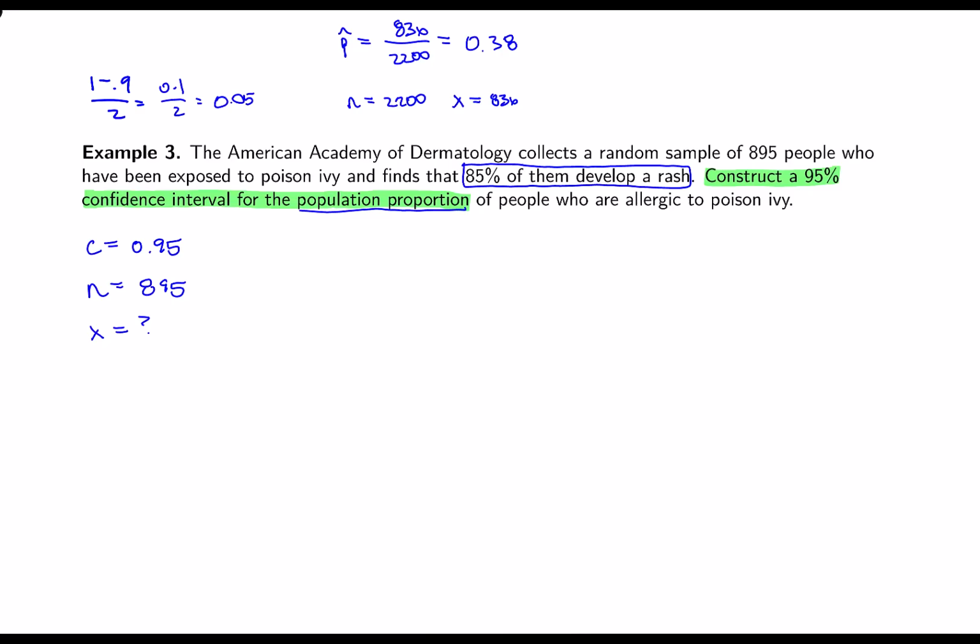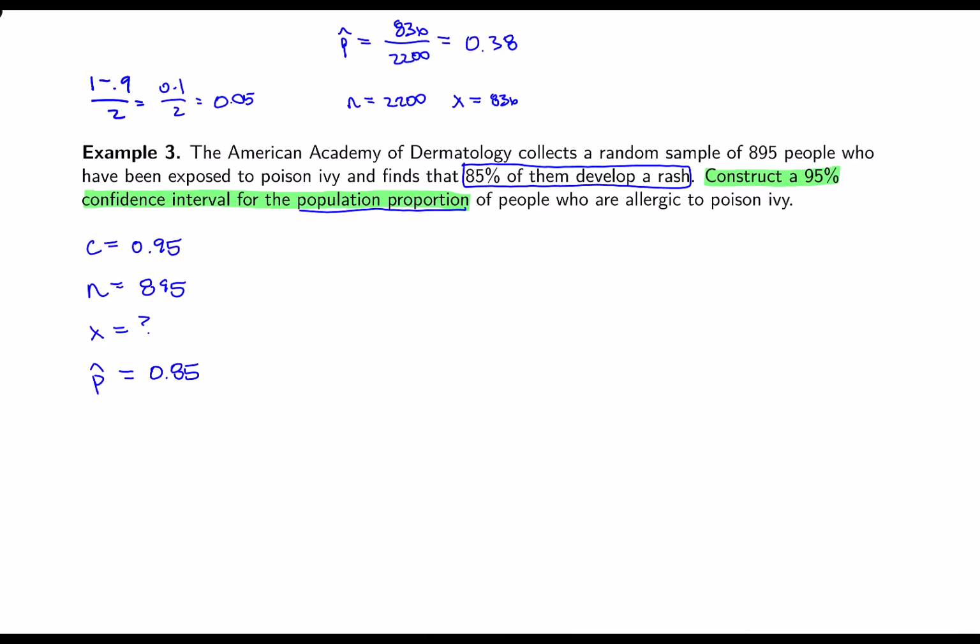But 85% developing a rash, that's saying that p hat is actually 0.85. So 85% of the 895, it's actually already computed p hat for us. In the previous example, we had to calculate p hat ourselves. This time, we have p hat.